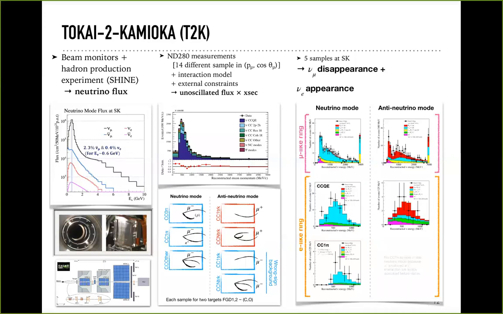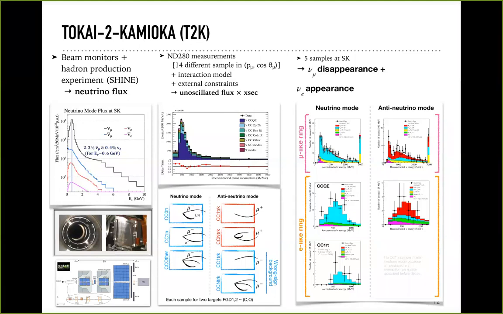But at the same time, you do have information from the measurements at your own beam, your own target. So then you do measure the neutrinos at the near detector, and you do have several configurations in neutrino and antineutrino modes.